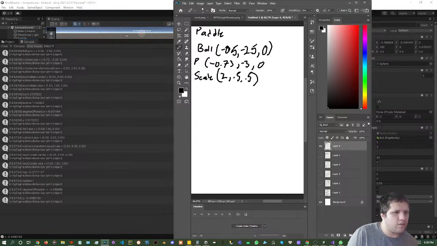We have the center at 0, 0, 0. We have the size at 1, 1, 1.